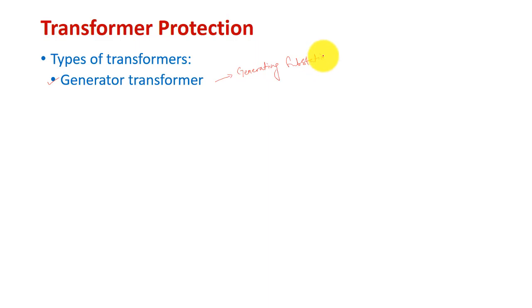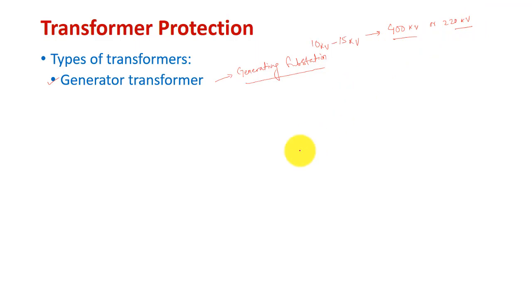It steps up the voltage level which is at the generator. Generally at the generator the voltage level is 10 kV to 15 kV, and it is stepped up to around 400 kV or 220 kV, speaking of the Indian scenario.